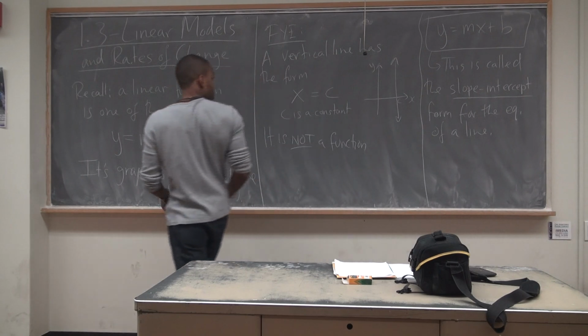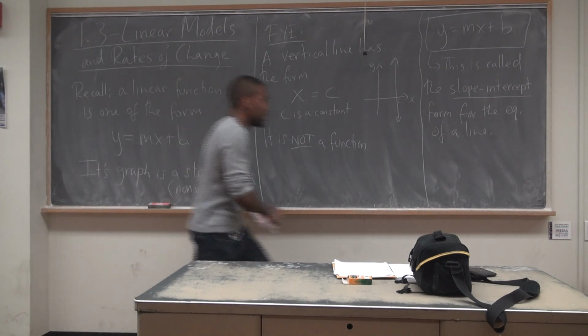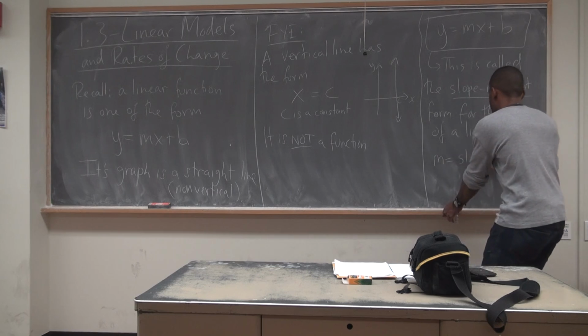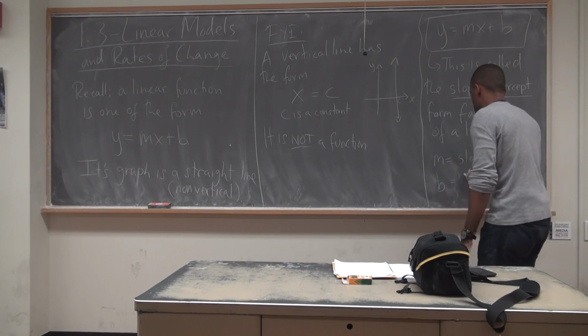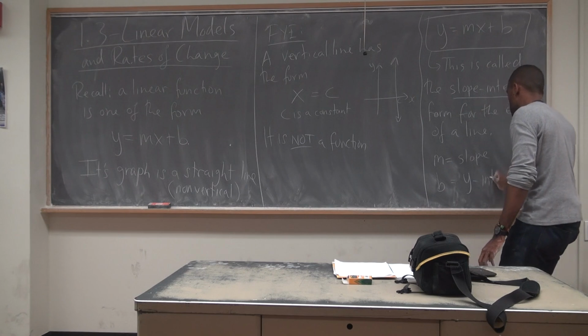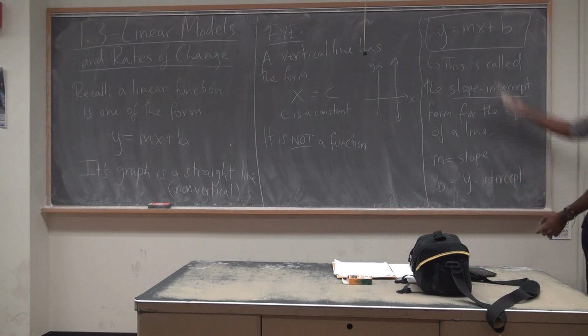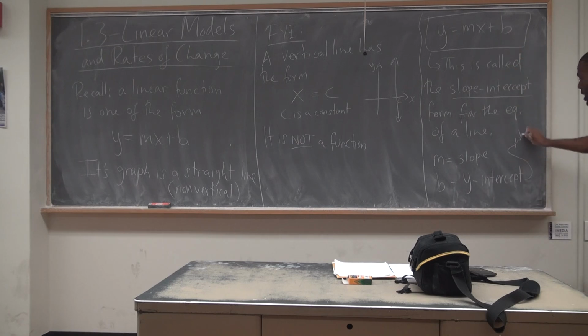And in this case, m is the slope, b is the so-called y-intercept. That's why I call it the slope-intercept form, because those are the two numbers that you see. And the y-intercept is where we touch the y-axis.